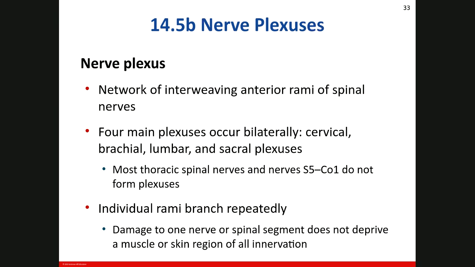The anterior rami of the spinal nerves in the cervical region can make the cervical plexus and also the brachial plexus. Our lumbar part can make the lumbar plexus. The anterior rami of the sacral nerves can make the sacral plexus. But we don't have any plexus for the thoracic part, and I'll tell you why.